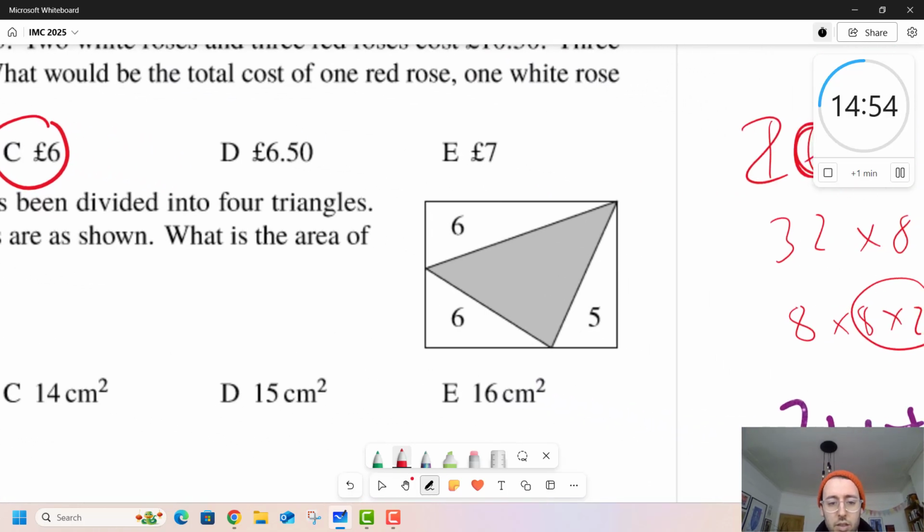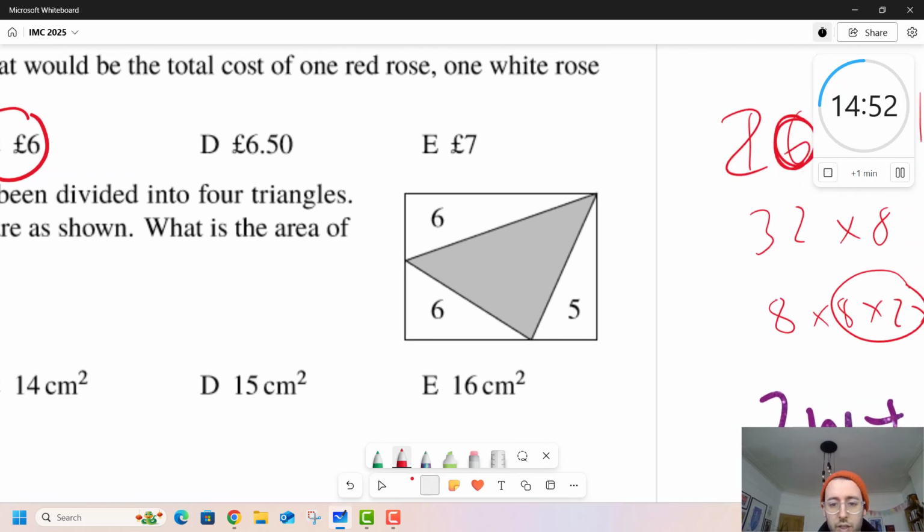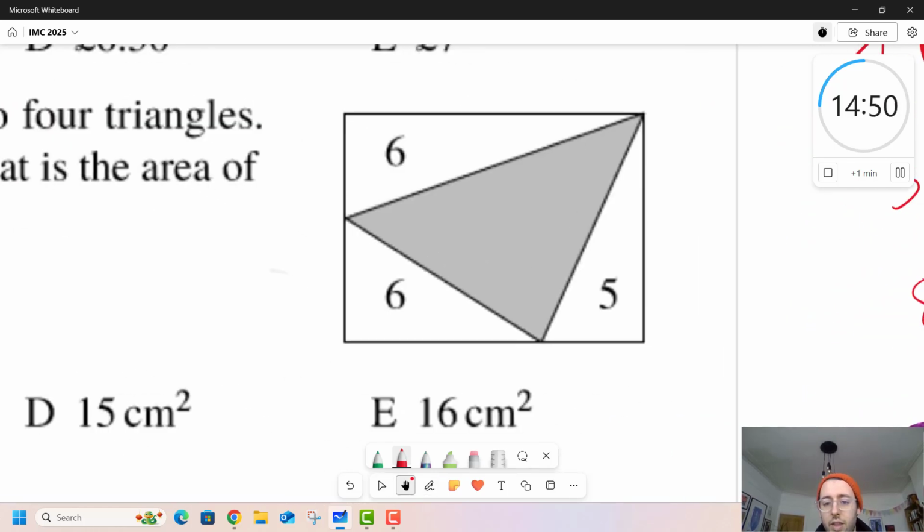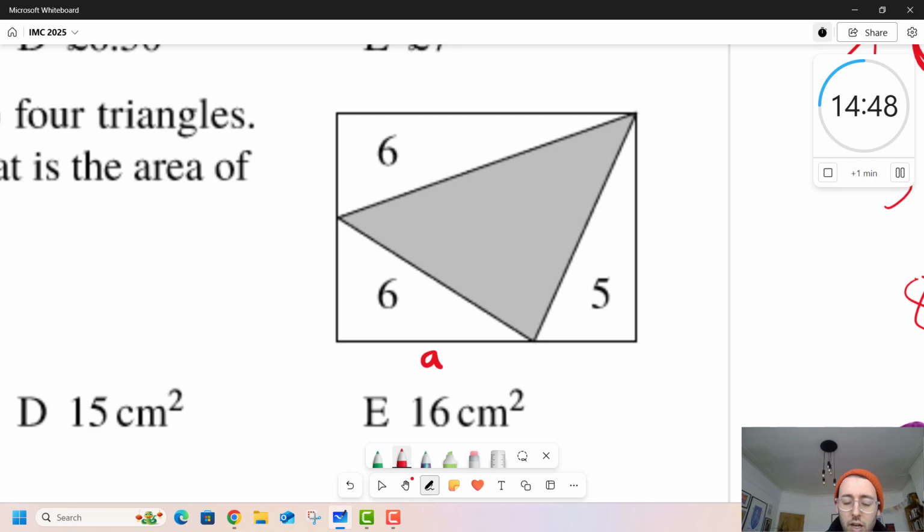What's the area of this? I'm sure there's just an answer to this, a way of looking at it and just knowing, but whatever. Oh, wait.